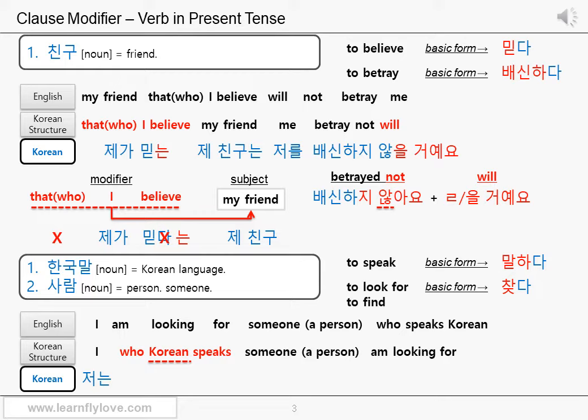Let's add 는 sound to turn the entire clause into a modifier. 말하는, 한국말 말하는. But 한국말 has 말 sound and 말하는 also has the same 말 sound.